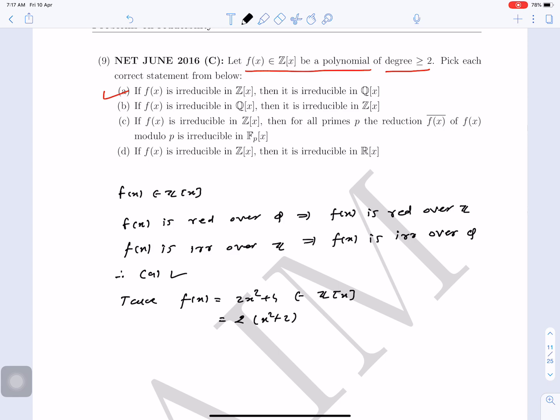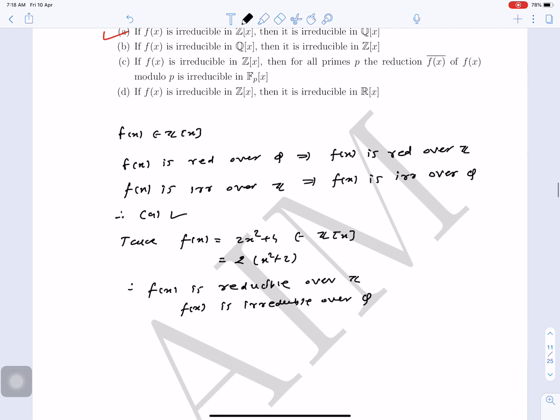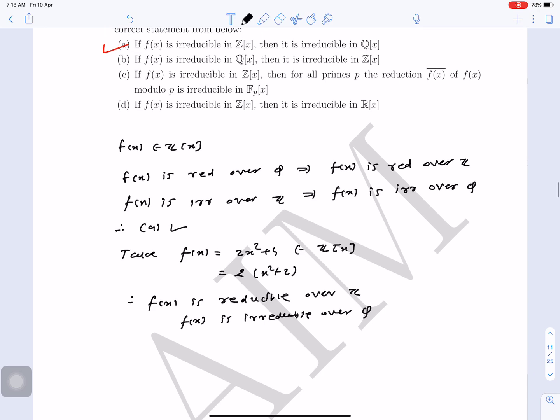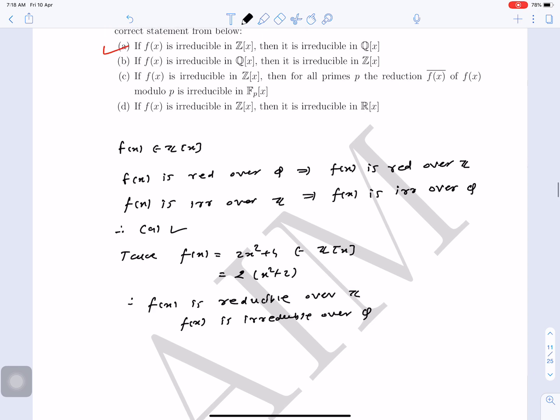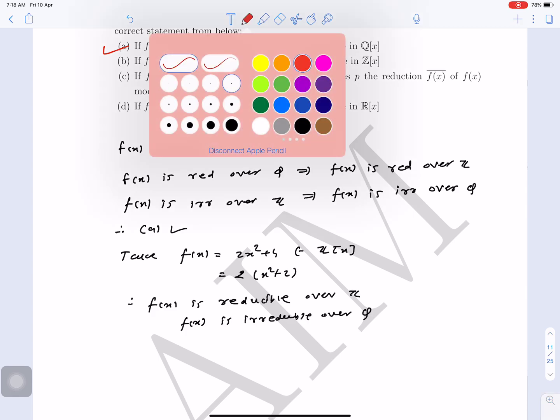So therefore f(x) is reducible over Z, but f(x) is irreducible over Q. So f(x) is irreducible over Q, but it is not irreducible over Z. So option B is wrong.